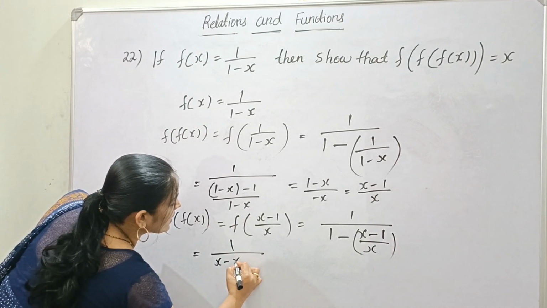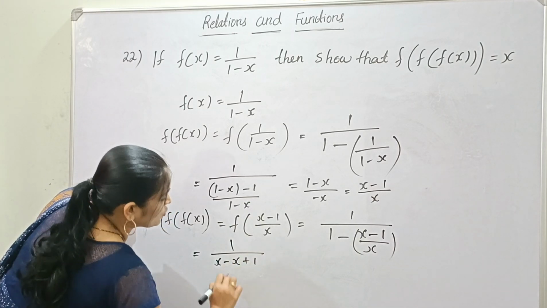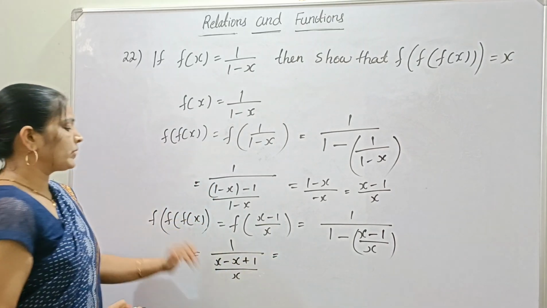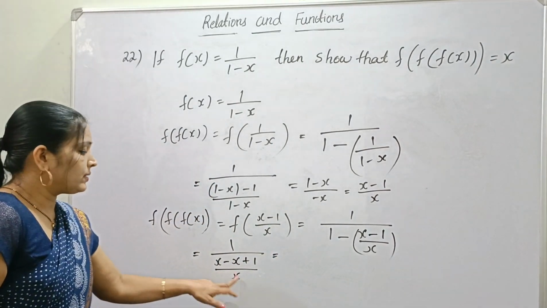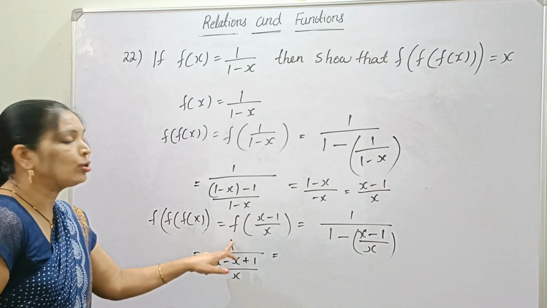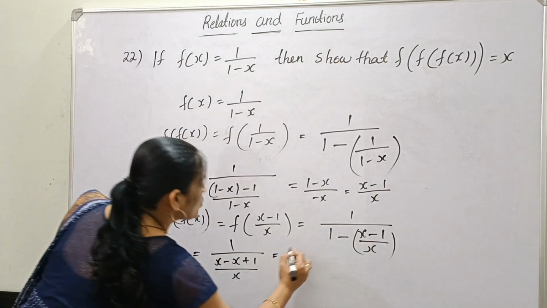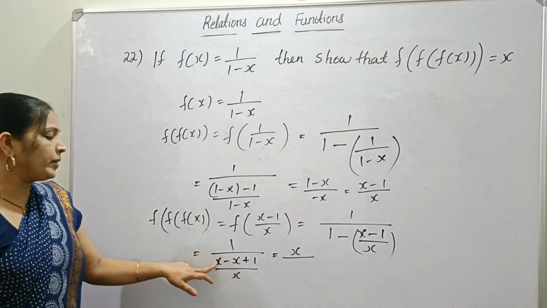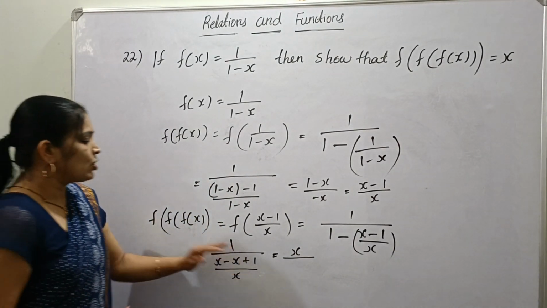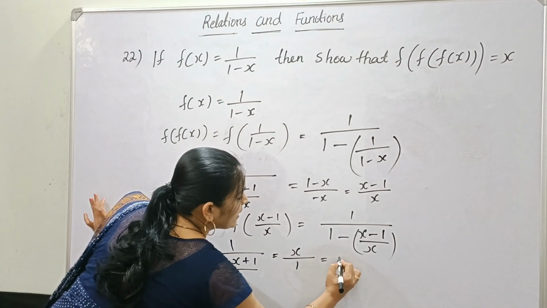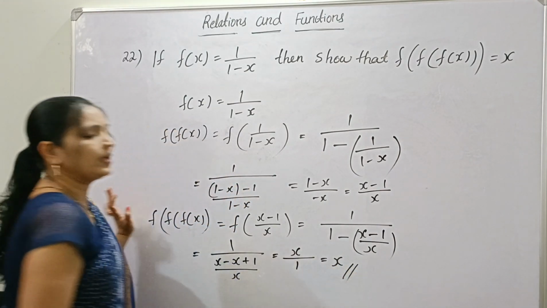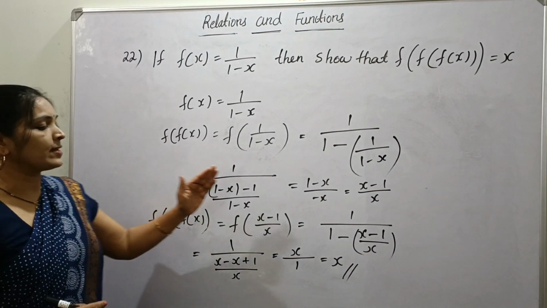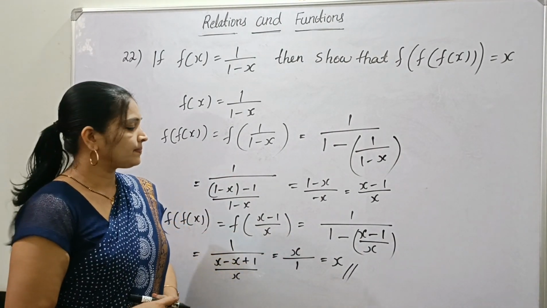So here a minus x, it will be plus 1 divided by x, that is equal to, see here, this will come to numerator, okay. So x divided by, in denominator x minus x cancelled. So only 1 is remained, that is nothing but x itself. Okay. So here we have got f of f of f of x is equal to x.